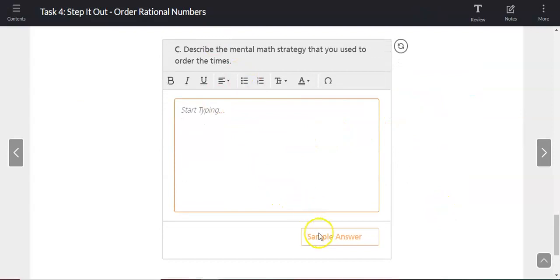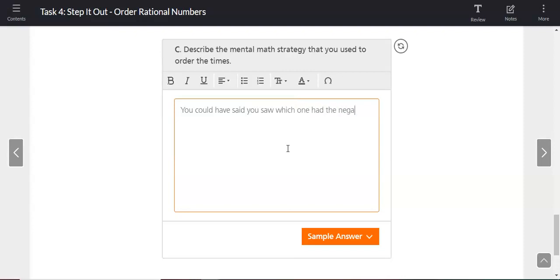Okay. So for this, you can describe the mental math strategy that you use. You could have said you saw which one had the negative sign and knew that was the smallest or lowest.